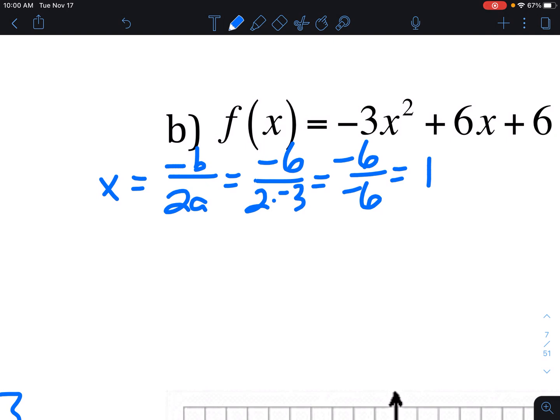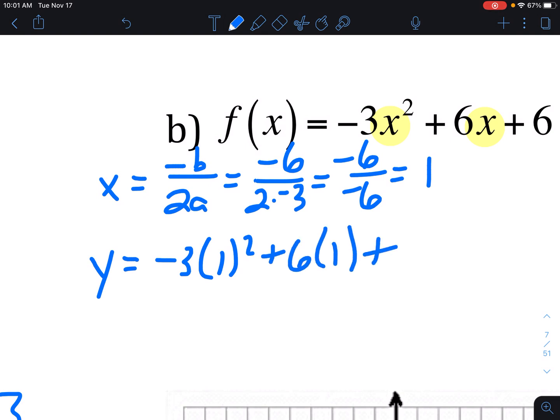Now we need our y coordinate. So we're going to take the 1 and plug it in for the x's here and here. Exponent first. So 1 squared is 1.